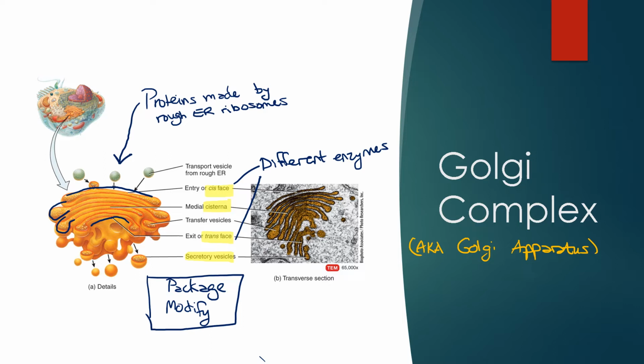So the cis face is going to be this convex surface, and this is where it's going to face the rough ER, and it accepts the proteins that are synthesized by the ribosomes attached to the rough ER. This is where those vesicles that have proteins made by the rough ER ribosomes come in.